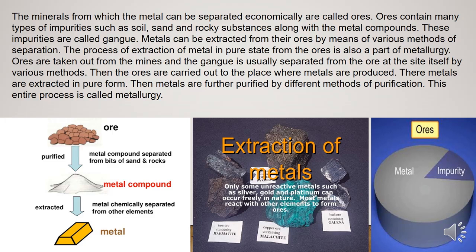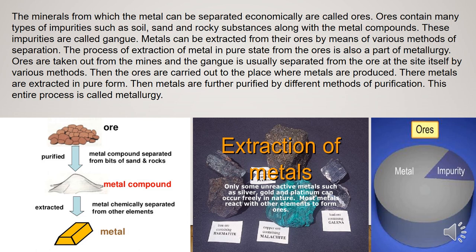So from extracting the ores, which are not exactly metals, from the surface of the earth, when they dig into the earth's surface and get out the ores, after taking the ores out, there are a lot of impurities inside the ores.